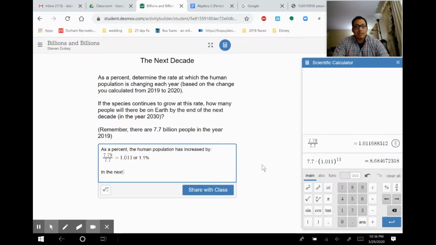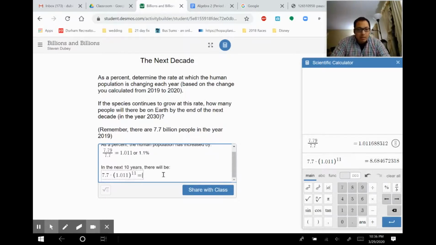In the next, I guess, 10 years, it's really 11 years from 2019, there will be 8.68 billion people in the world.